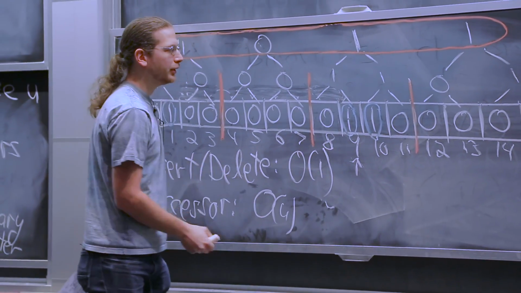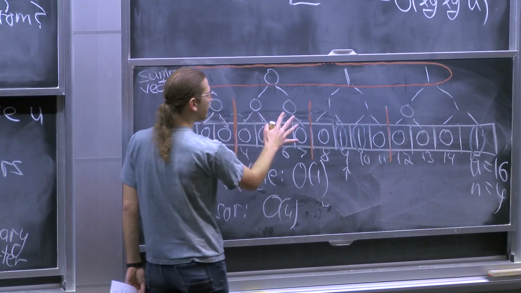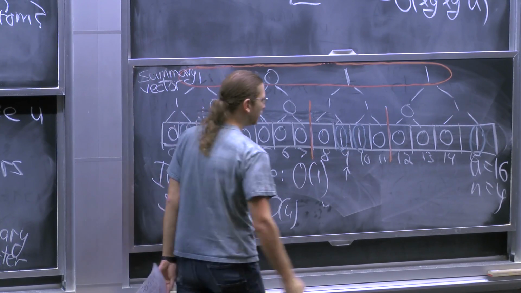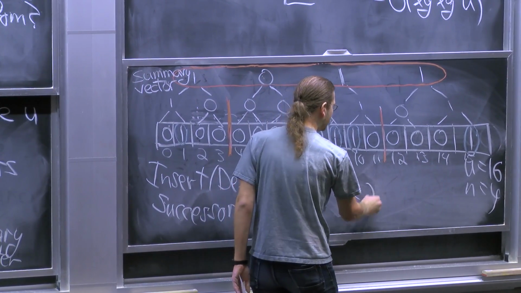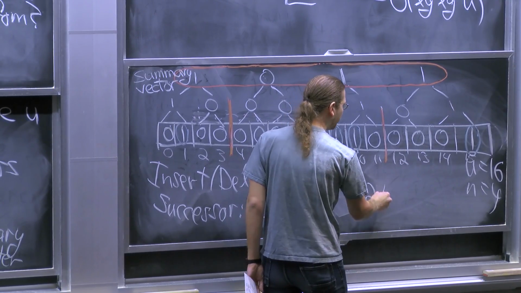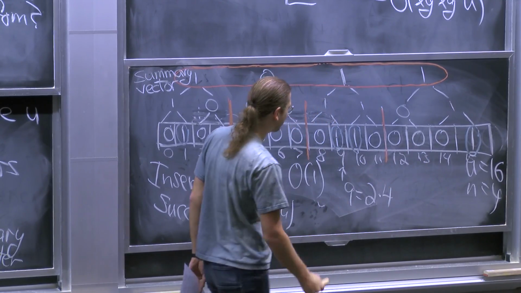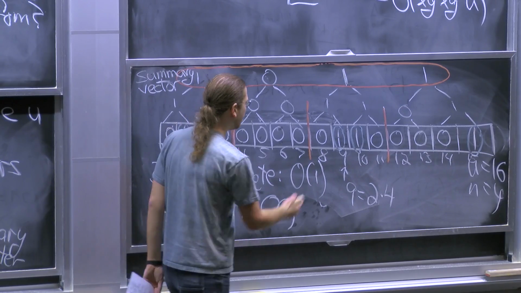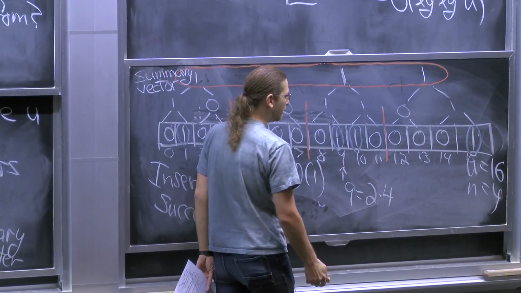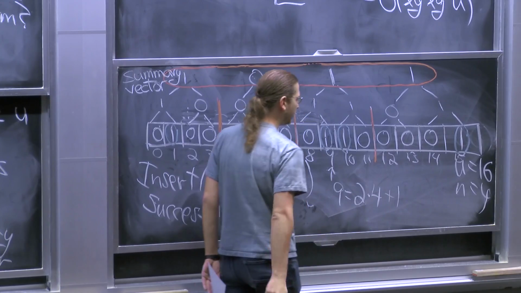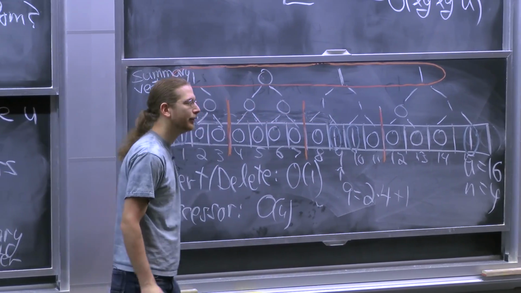So 9 is here. This is cluster number 0, 1, 2. So I claim 9 equals 2 times square root of u. Here u is 16; I conveniently chose u to be a perfect square. And it is item 0, 1 within the cluster. And indeed, 9 equals 2 times 4 plus 1.